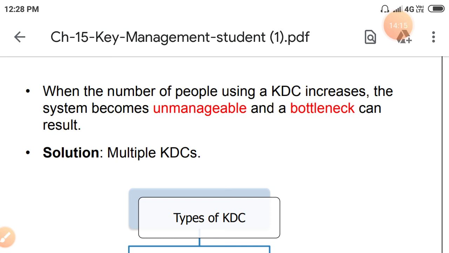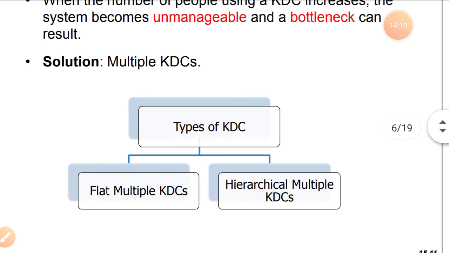The server will go down. That's why we are using multiple KDCs, multiple key distribution centers.